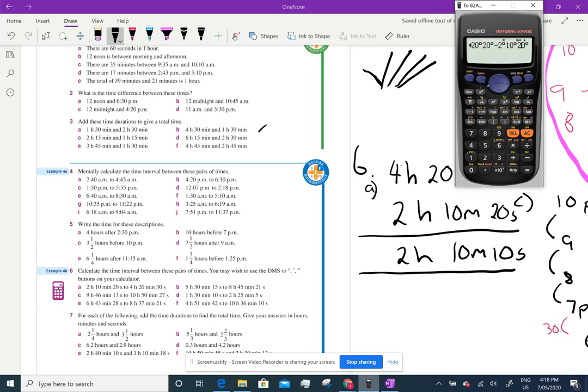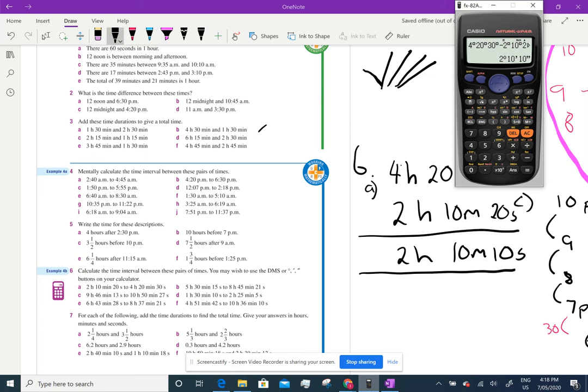I should have had 40 there. There you go. Is it 40 or 30? Must be 30. I must have written it down wrong and I can't see it because it's in front of. There's a question. Yeah, it is 30. There you go. So your calculator does it for you.